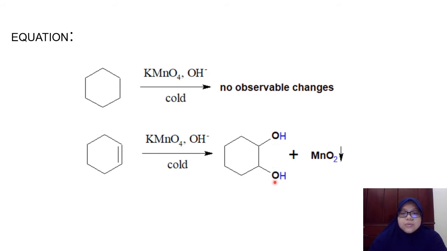Two OH groups will be added to the carbon-carbon double bond and produce a brown precipitate of MnO2. So we will use the arrow here to indicate that this MnO2 is the precipitate. Okay, it shows that a precipitate is formed, a brown precipitate.